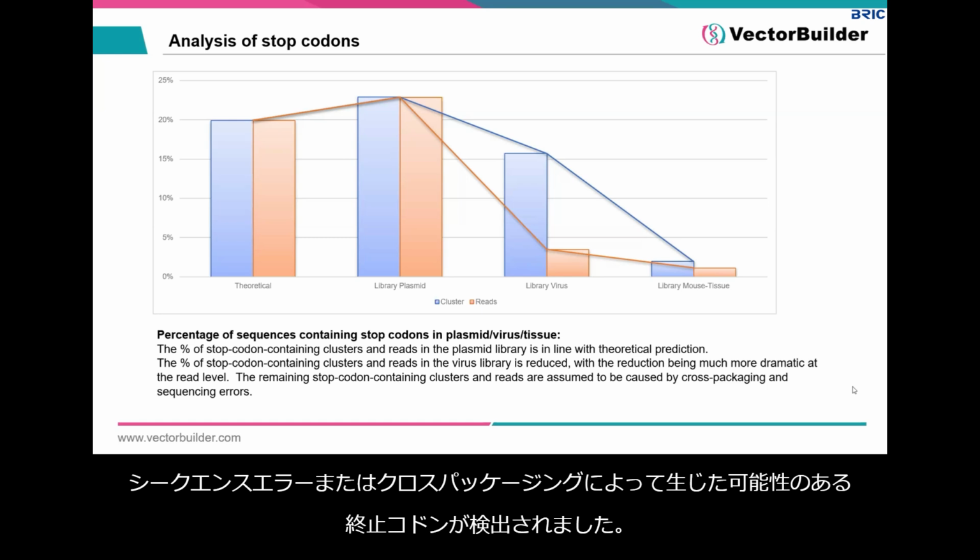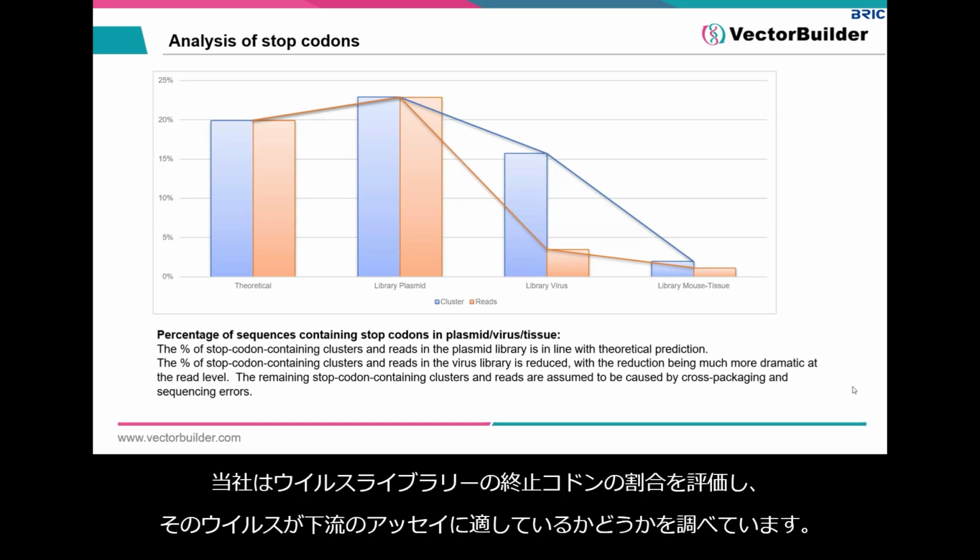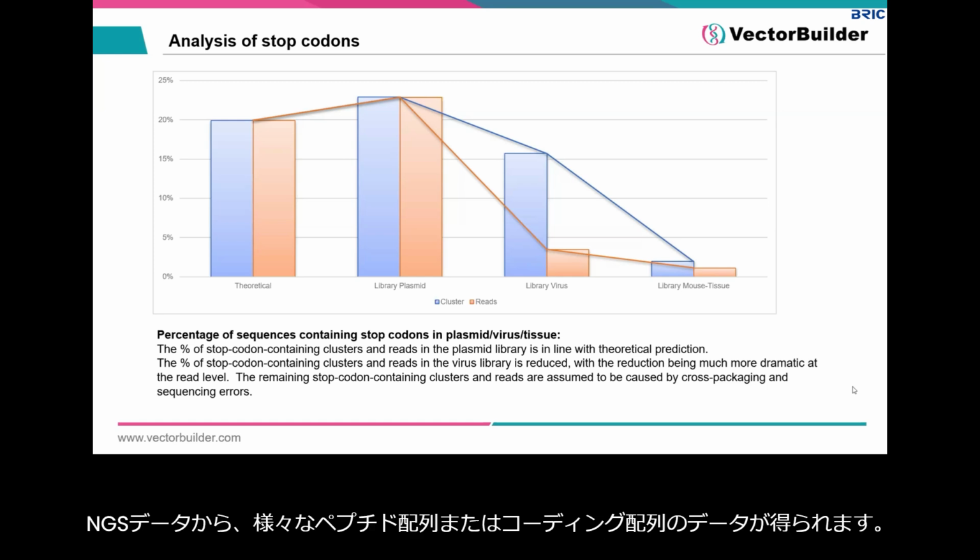That could result from sequencing error or cross-packaging. This is a very critical parameter that affects the quality of the virus library. So we look into the percentage of stop codons in the virus library, and after evaluation, we find out whether this batch of virus would be suitable for downstream assays.